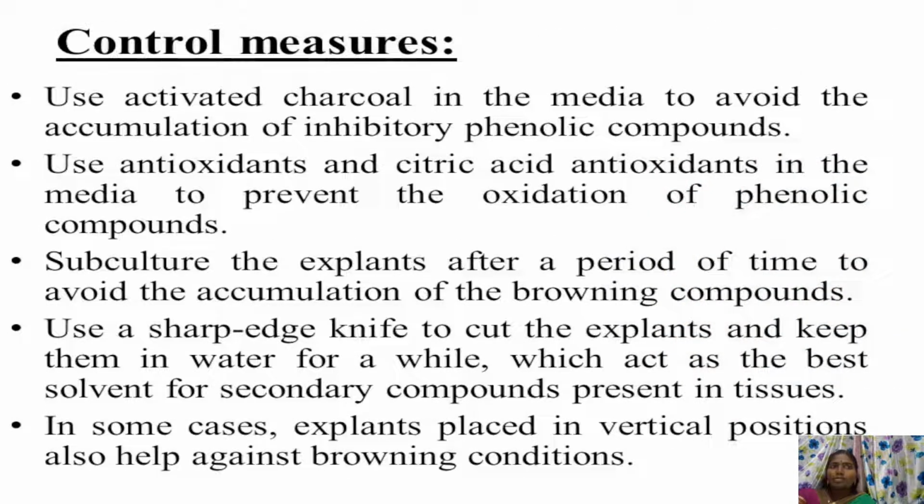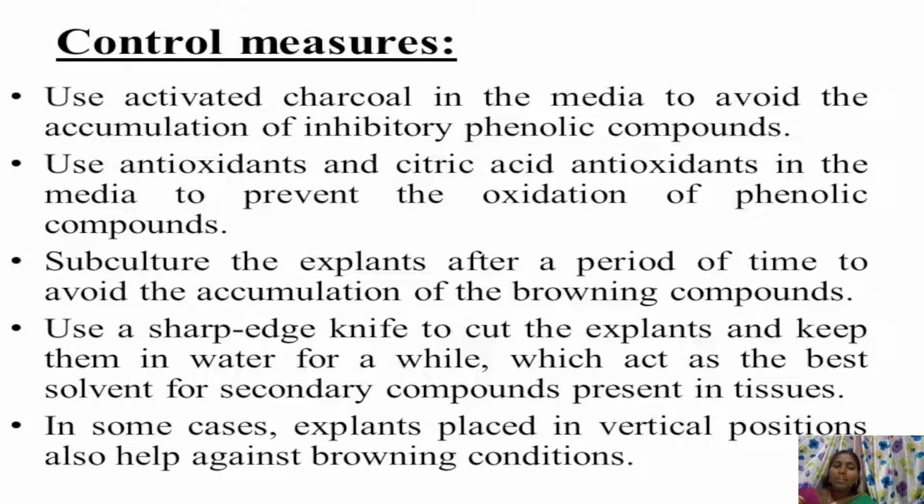It can be overcome by using activated charcoal in the media, which absorbs the toxins to avoid the accumulation of inhibitory phenolic compounds, and by using antioxidants like citric acid in the media to prevent the oxidation of phenolic compounds.